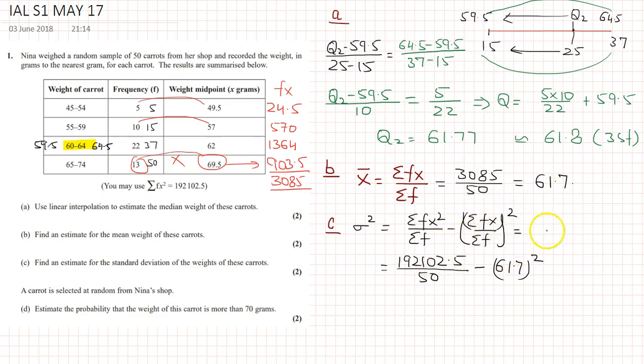This can be written as mu squared or x bar squared.